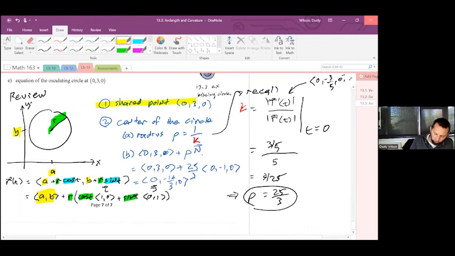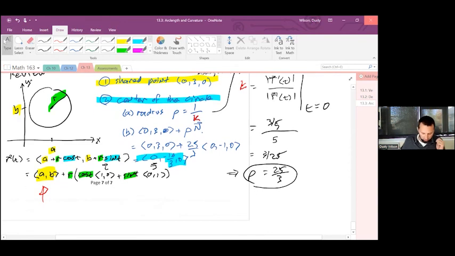So here's your shared point. Here's the center of your circle at 0, -16/3, comma 0. And so together, those are taking the place of this AB in our formula. Our AB is going to be that 0, -16/3, comma 0. It's in green.